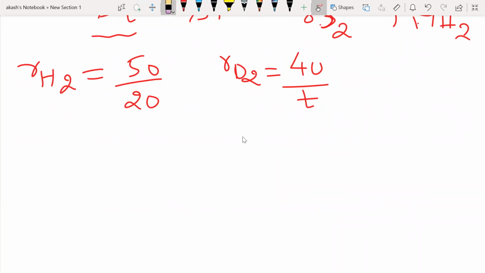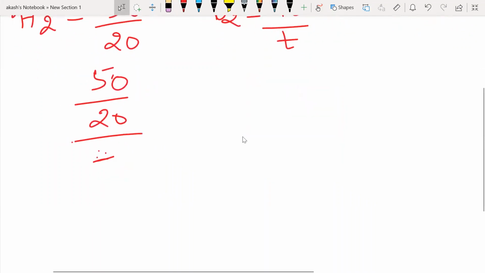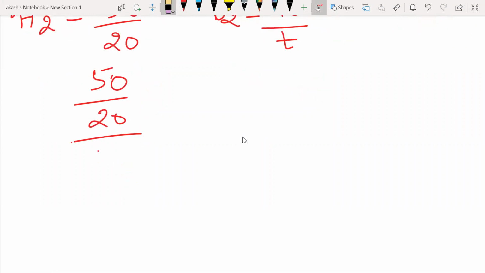Right. So R of H2 is 50 divided by 20, divided by 40 divided by the time, which I don't know.